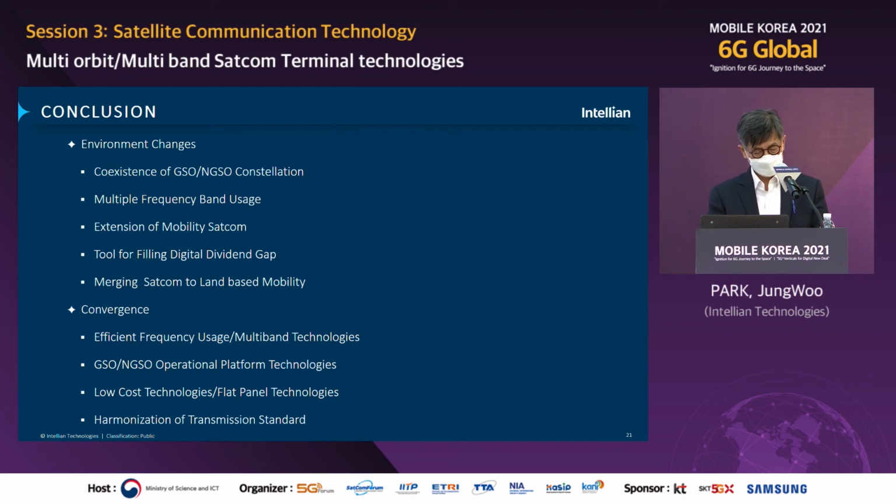But the most important one is that it should be low cost for easy access, and also harmonize the transmission standard between the mobile and satellite systems for fiber optic level service quality for Satcom systems.